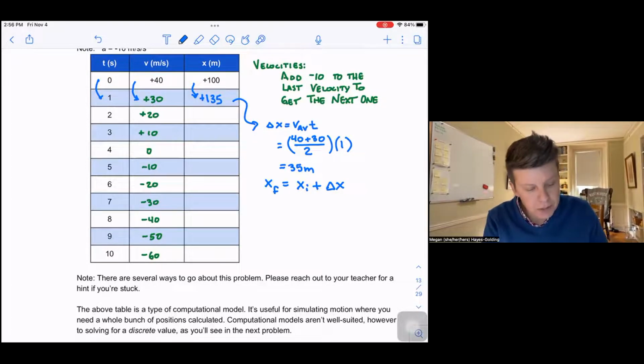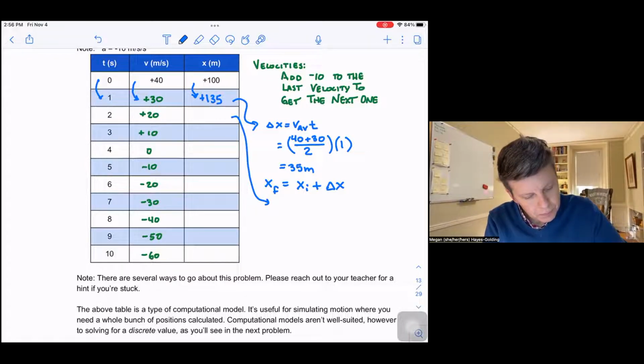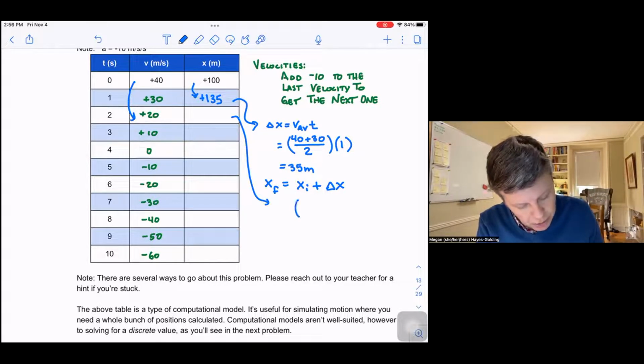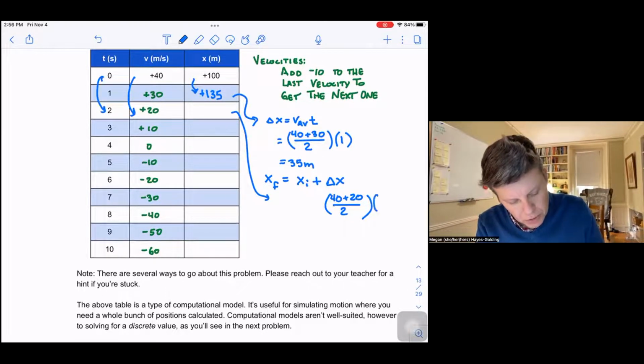And now we repeat this process over and over again. We'll do the second one together. Let's erase that so it's easier to see. I'm going to go back to the beginning of time. The average of 40 and 20 meters per second. And that is a 2-second time interval this time.